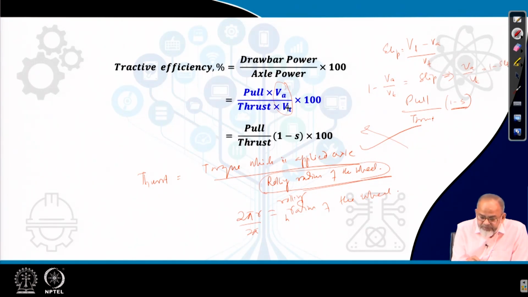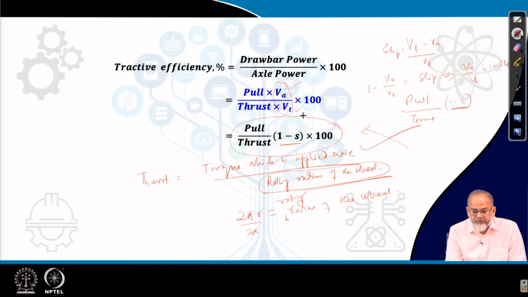So I have replaced Va by Vt by 1 minus s. Either you can utilize directly this Va value or Vt value, or you can utilize slip value. Both are possible. Once you know the slip value, the pull value, and the thrust value, then utilizing this equation, you can immediately find out what will be the tractive efficiency.